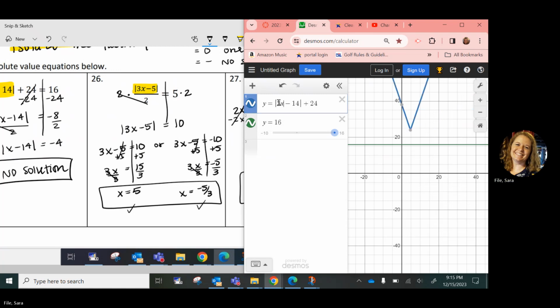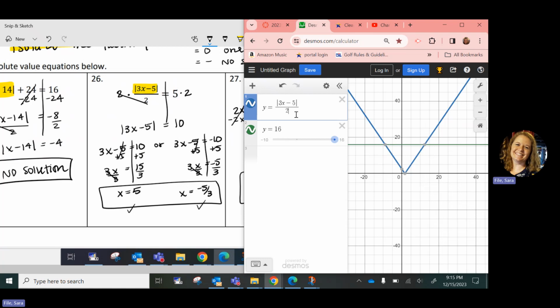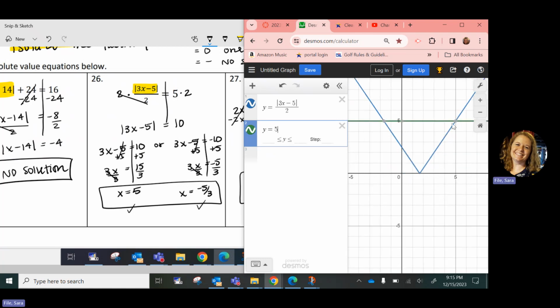So if I try that with 26 and put the left side, bx minus 5 divided by 2, so that's the left side of the equation. Then the right side is just that 5. We can see that these two intersect twice. We're looking for that x value.